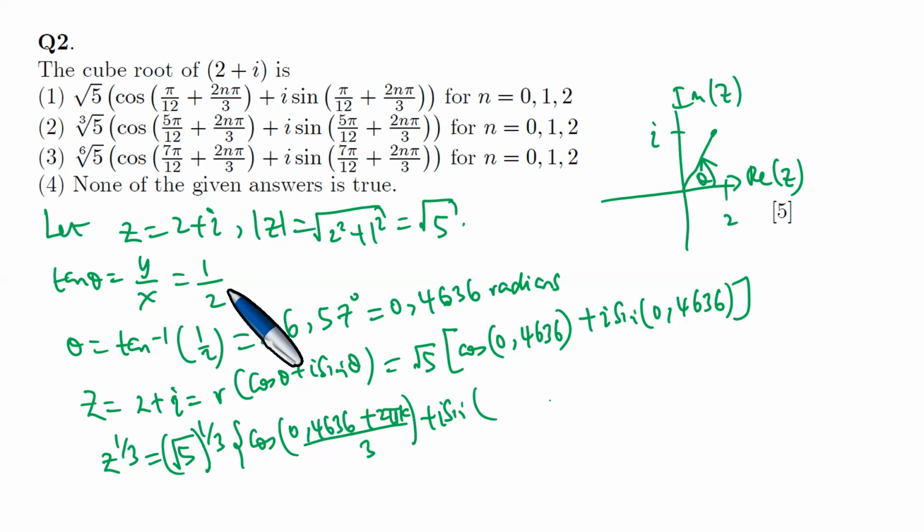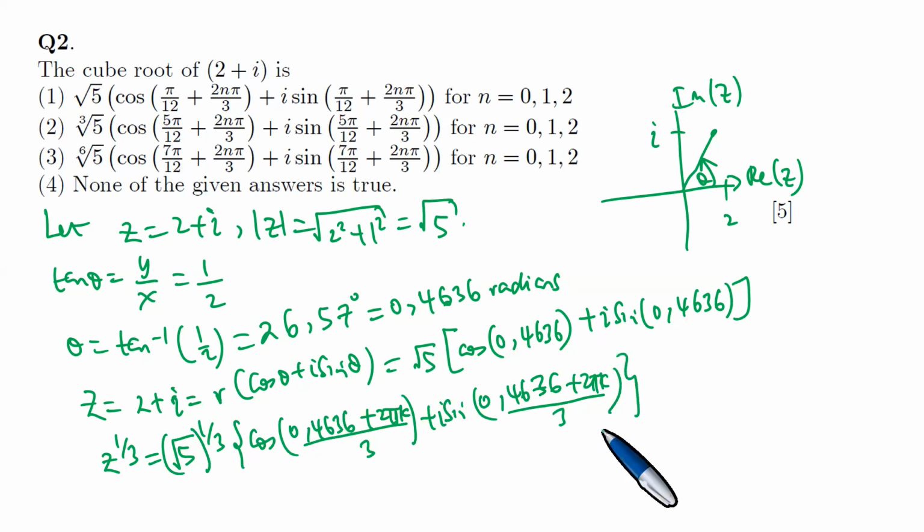So we have the sine of 0.4636 plus 2 pi k divided by 3. This question uses n, but k is 0, 1, 2, because for a cube root there are 3 values of k.